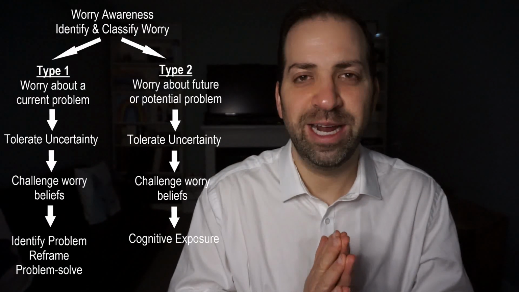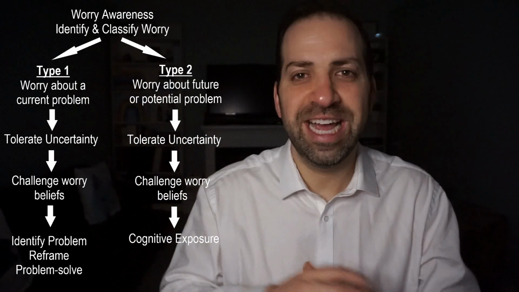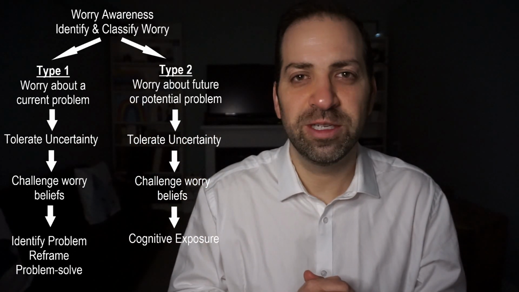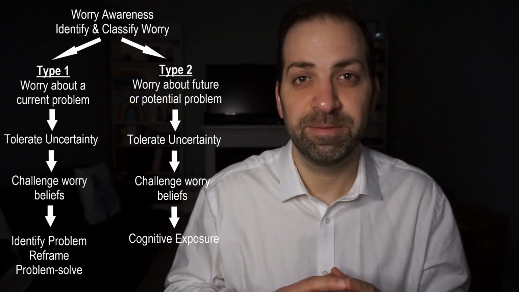Now, in the last video, I talked about recipes for how you manage type 1 and type 2 worries and putting together all of the skills and the tools that we've talked about in the videos leading up to it. But for some people, they find that some of their worries don't really fit nicely into this type 1, type 2 categorization.